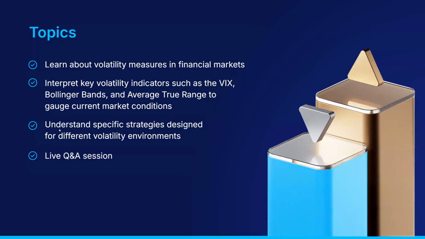And then we're going to understand some specific strategies that I do use, particularly with the VIX and Bollinger Bands, and how we can use average true range to set stop losses and things like that. And then we'll end with a live Q&A session. So if you have any questions at the end, do feel free to ask. We did have some attendees fire across some questions beforehand, actually, so I will go over them at the end.